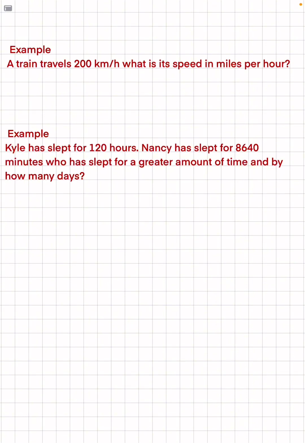Here are a couple of more examples. The first one says a train travels 200 kilometers per hour. What is its speed in miles per hour?